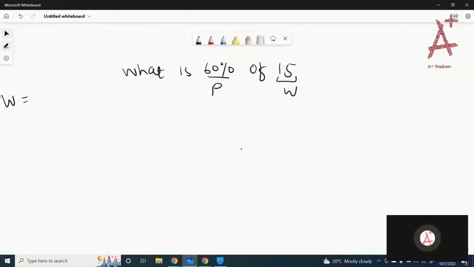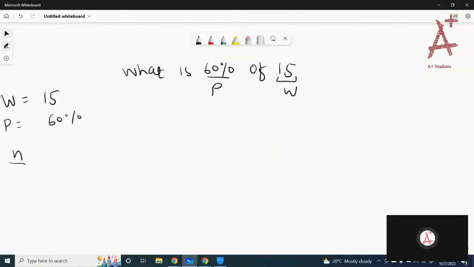The whole is 15 and the percent is 60%. You have to form the ratio. The whole is 15 and the percent is 60. You have to find the ratio.